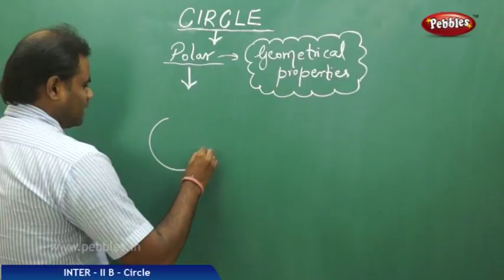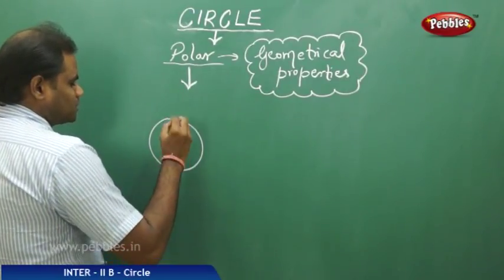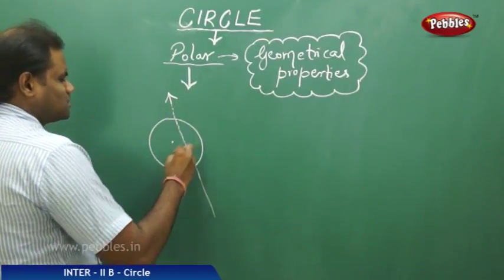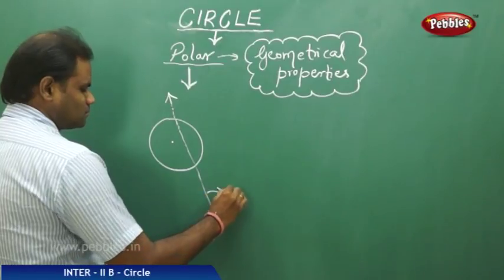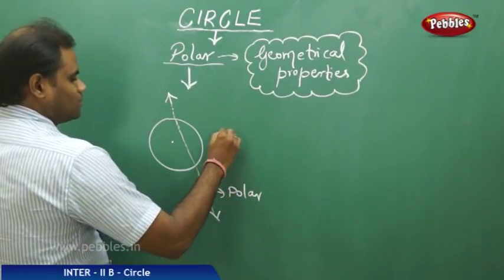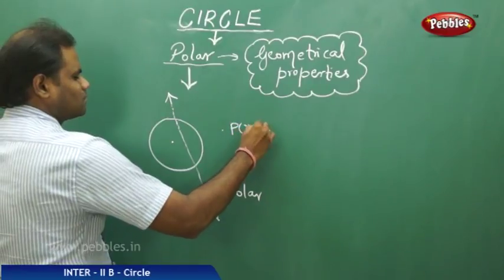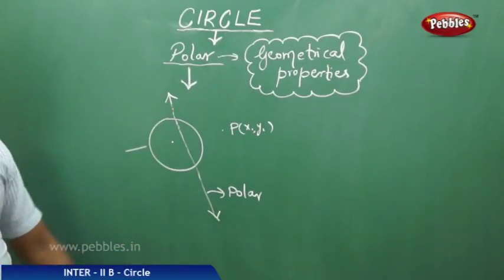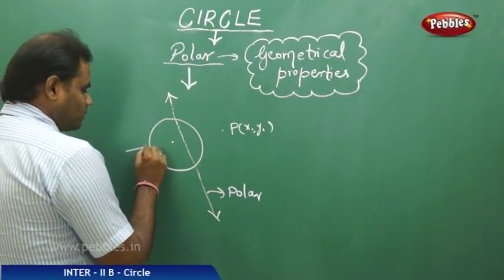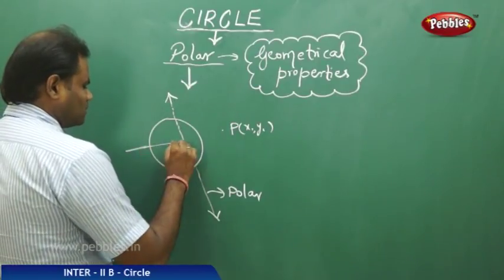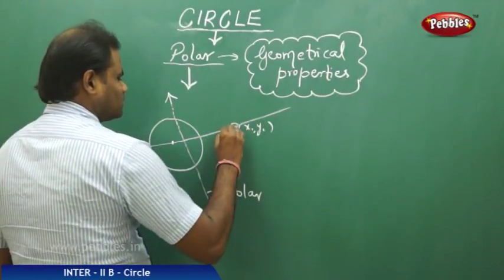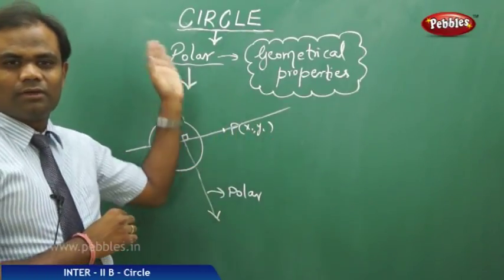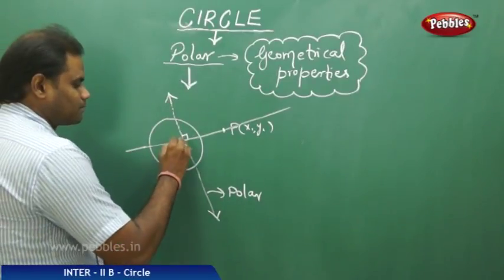Say for example, I have a circle for which the polar is this. So if this is the polar, for a point P outside the circle, then if I join the center of the circle and the pole, clearly the line joining the center to the pole will always be perpendicular to the polar.